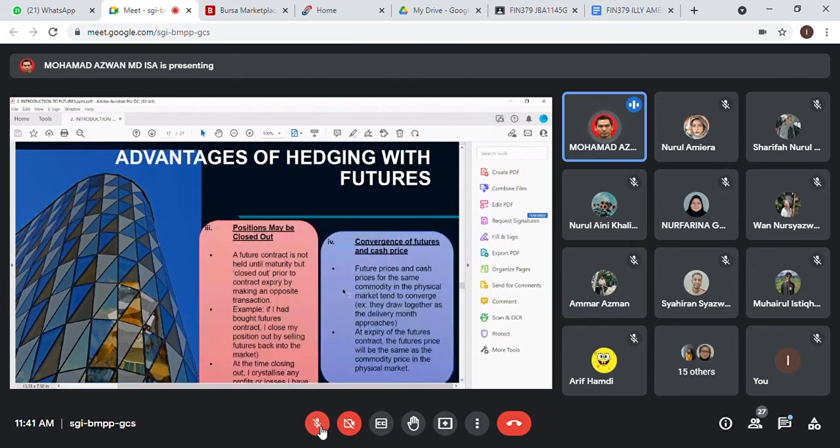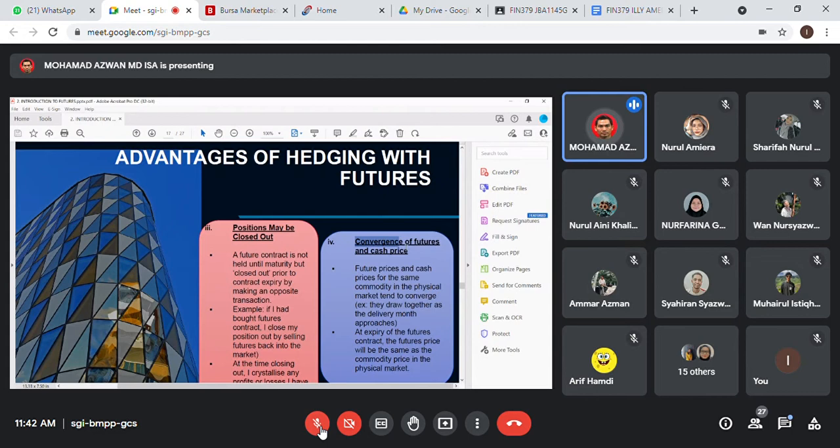Next we have, this one you can read on your own. This one refers to offsetting. Offsetting maksudnya you can close anytime before the maturity.